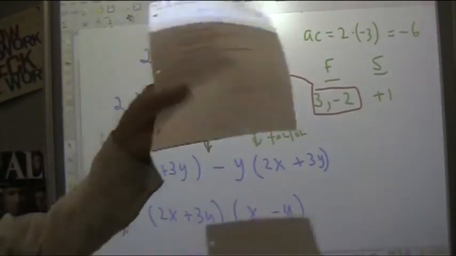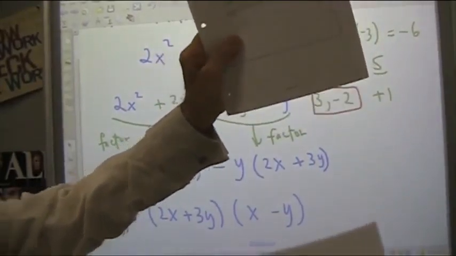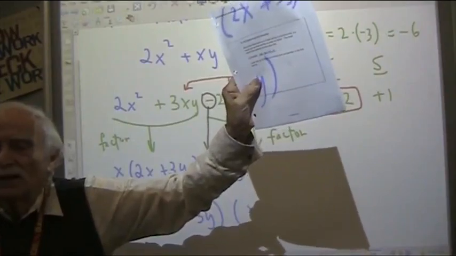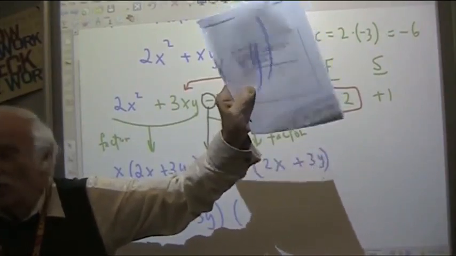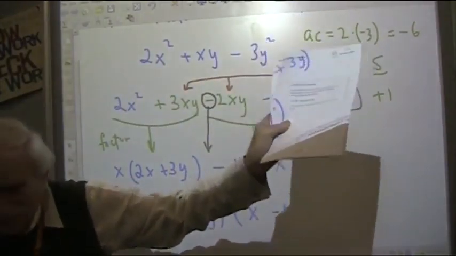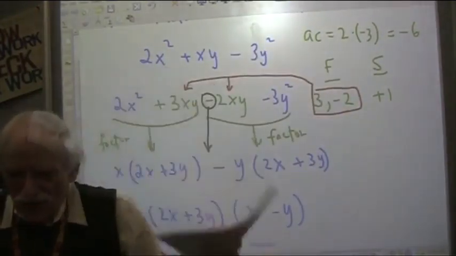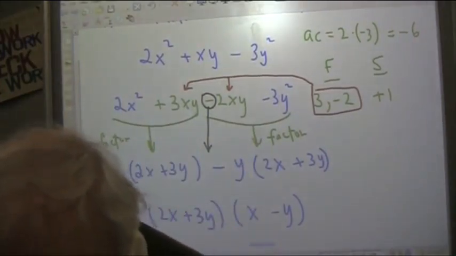So this whole section, guys, is just a revisiting of the ideas of grouping 2 by 2 of your polynomials that have 4 terms in them. All right? So we're just going to refresh and look at some different types of problems.